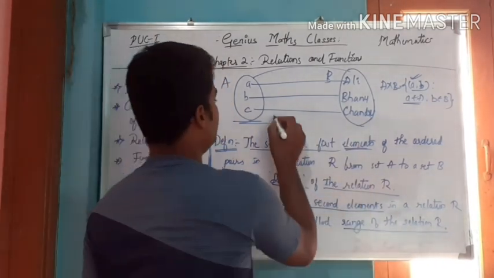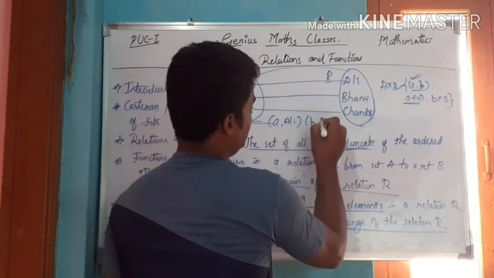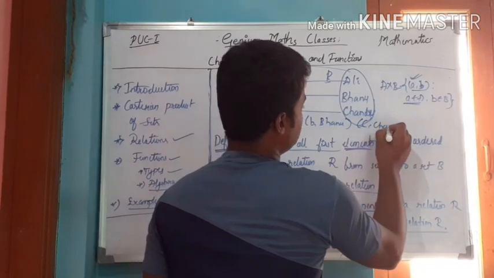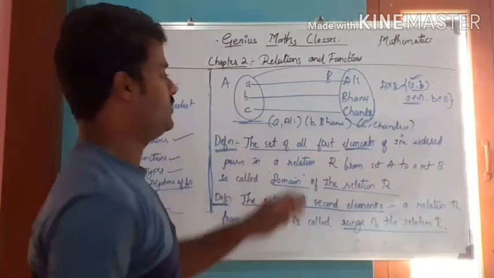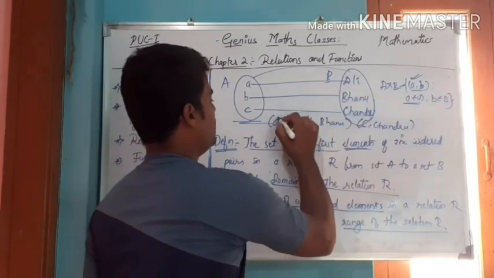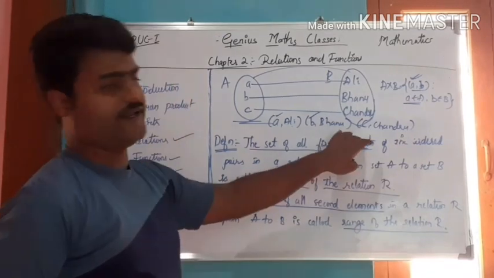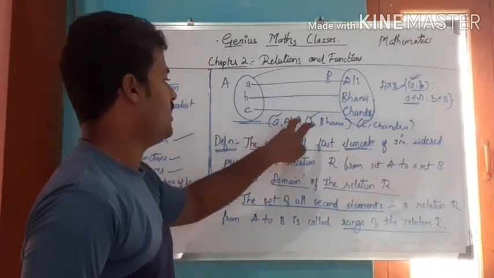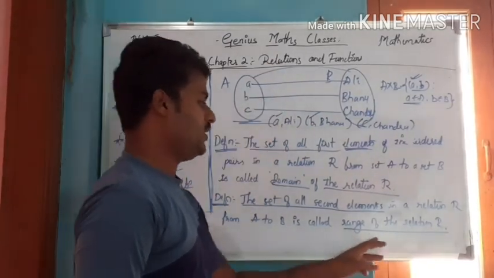So this is the relation: A Ali, B Banu, C Chandru. In that, ABC is the domain and Ali, Banu, Chandru is the range, because these are the images of ABC. That is why it is a range.